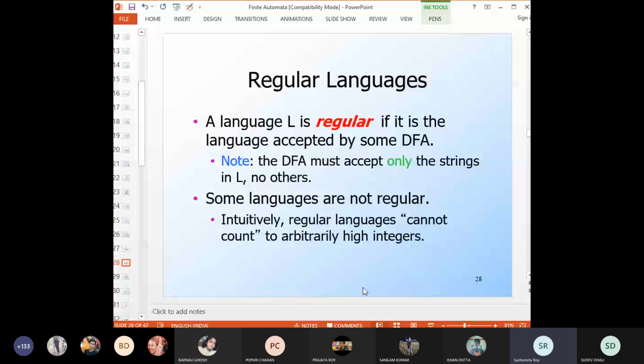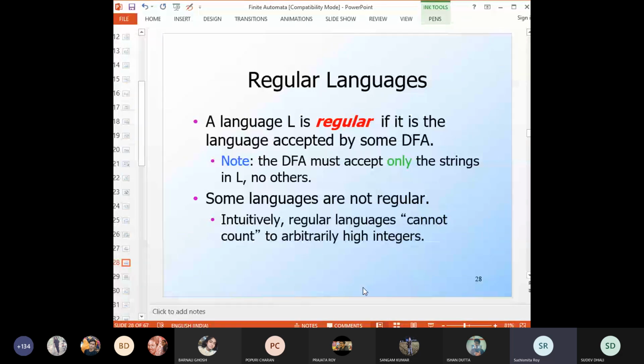That itself is also a pattern, please remember. So these are regular patterns, and the finite automata accept languages which are called regular languages. A language accepted by some finite automata is called a regular language.